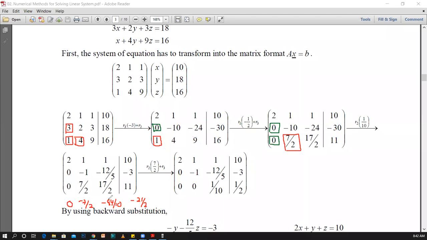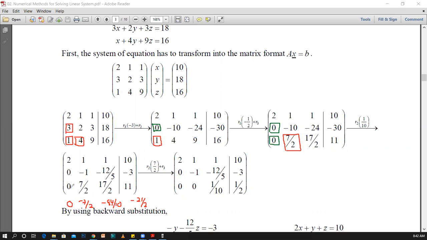Therefore, these are the values that you obtain once the second row is multiplied with 7 divided by 2. And this has to be now added to row number 3. These are the values in row number 3, and they have to be added with the newly obtained values: 0, -7 divided by 2, -84 divided by 10, and -21 divided by 2.